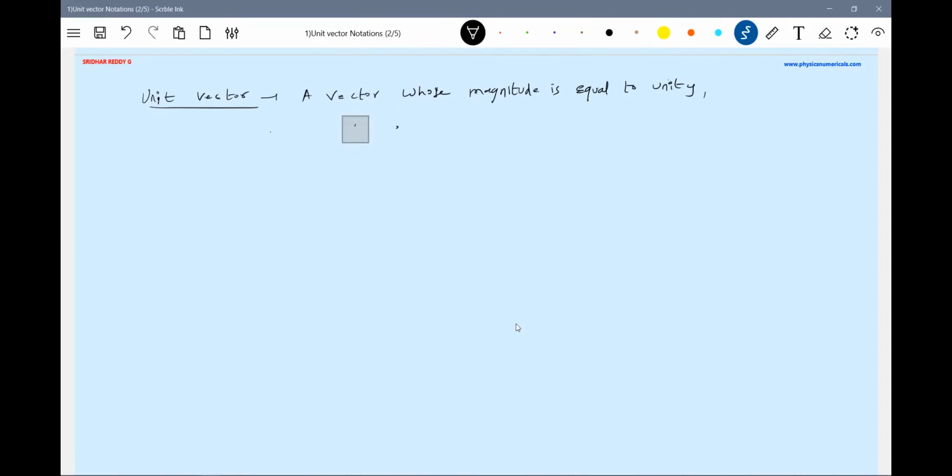I need not bother; the direction depends upon the direction of that particular vector. Magnitude is equal to unity. That is the condition given.